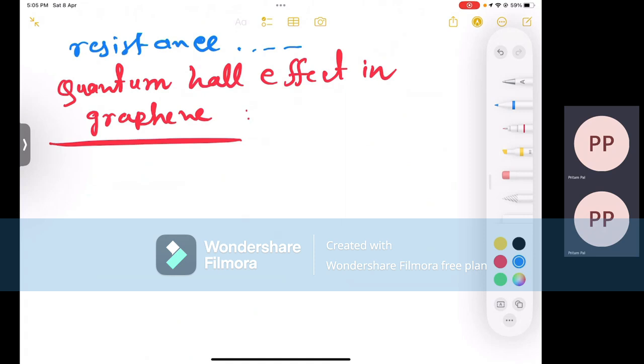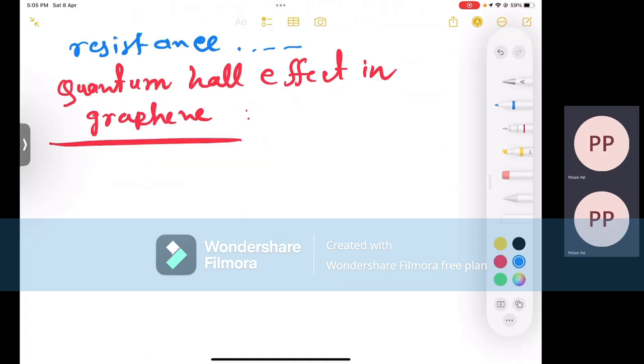So the quantum Hall effect in graphene is quite different from that in the two-dimensional electron gas, right? And it's a quite interesting example to consider because the electron spectrum of graphene resembles that of relativistic particles, right?